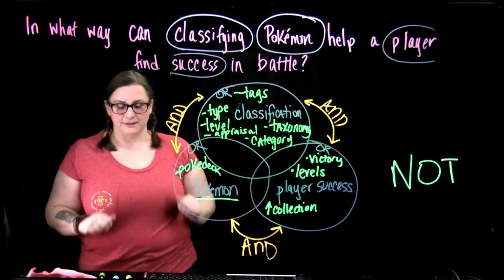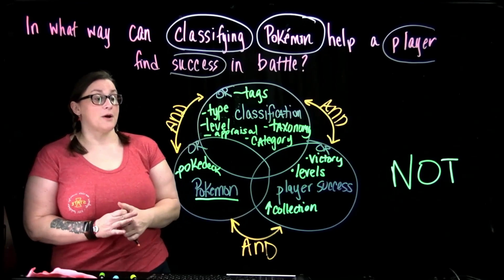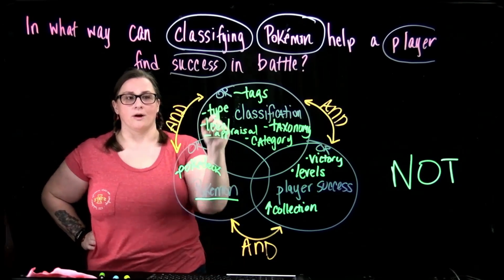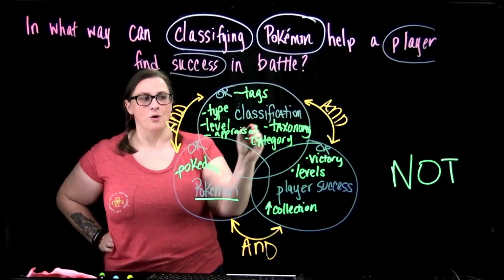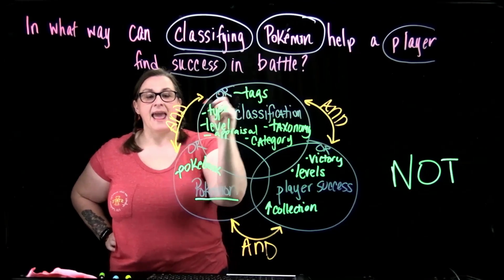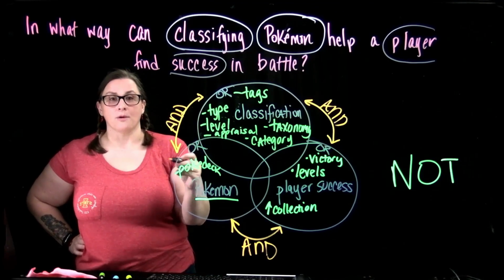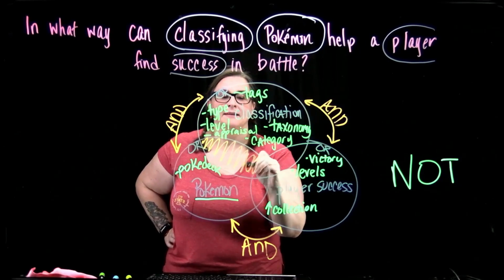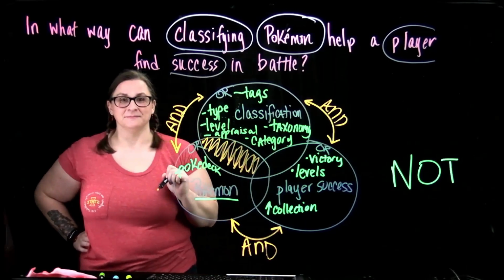So we're going to do circle to circle. We're going to do classification or type or level or taxonomy, and Pokemon or Pokedex. And that is going to give us a certain set of answers.